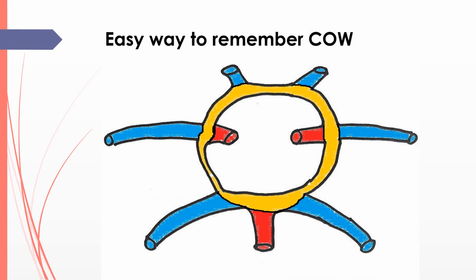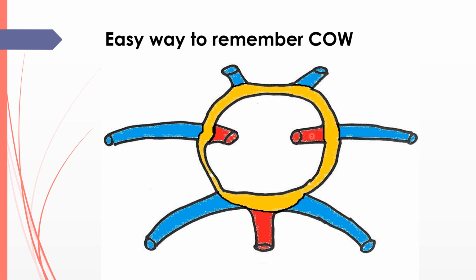It is easy to remember: cow. We can see the cow, how it is. This is the basilar artery. Remember this as a cow, the circle of Willis. The tail is formed from the vertebral arteries, which anastomose together and form the basilar artery.